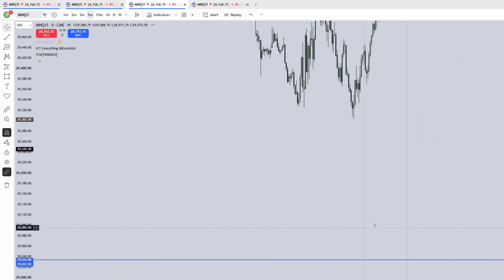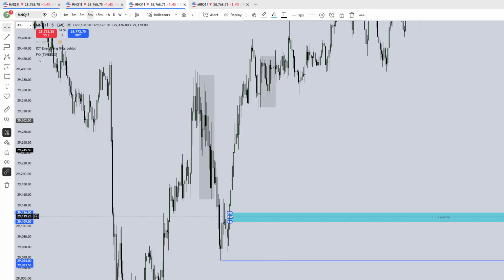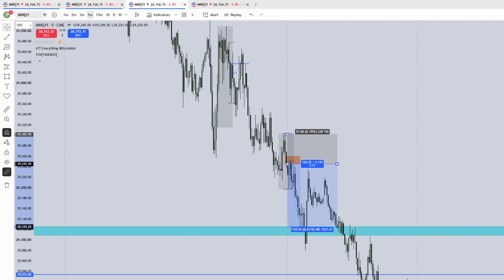Then you can go over here and refine, and there's these unbalanced internal range. Then you can target that for 2R, and that hits during Asia session.